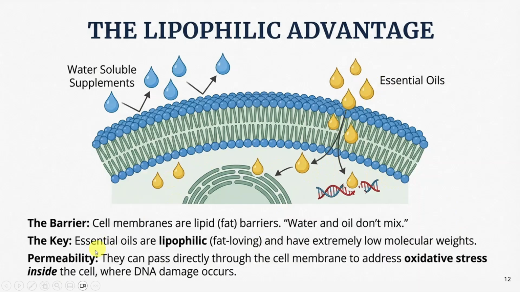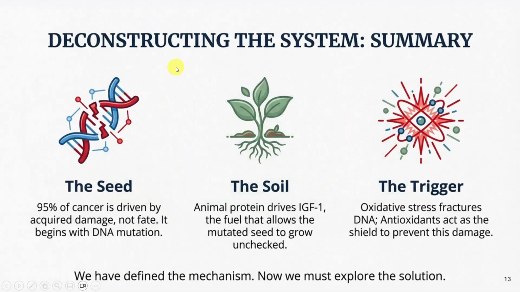This permeability, or ability to pass through directly into the cell membranes to address oxidative stress inside the cell, is where the DNA damage occurs, but also can be helped with these particular essential oils, which is great, right? We're going to help the DNA. We're going to help the inside of the cells, the nucleus, and other cell structures inside, not just on the outside. Very important.